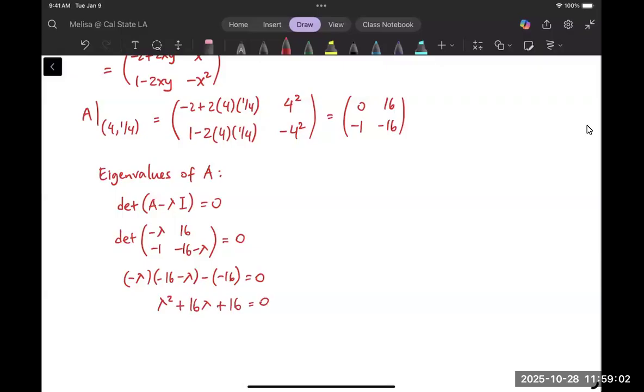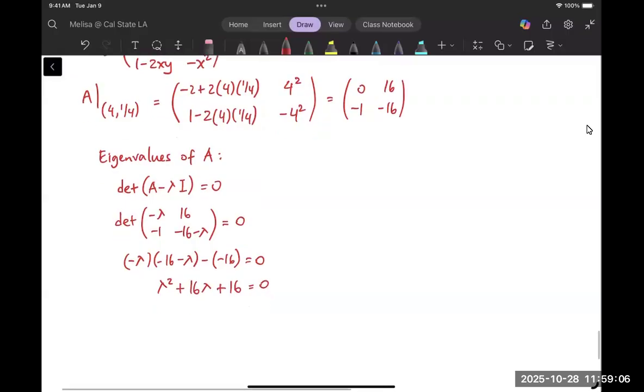Let's see, is it factorable? Doesn't seem like it. Okay, there is always the quadratic formula. Right, so you get minus b plus or minus the square root of b squared minus 4ac, divided by 2a.